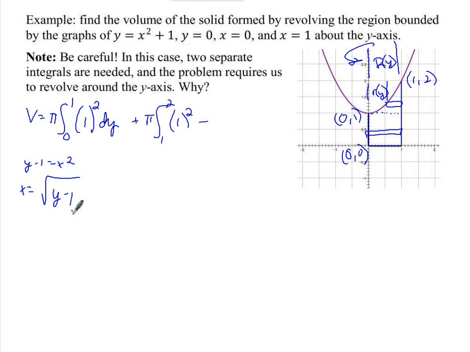Which side are we looking at here? Yeah, we're looking at the positive side, so we don't need the plus or minus here. All right, now we can take that answer and plug it in: square root of y minus 1, and that is squared. All of that is with dy.